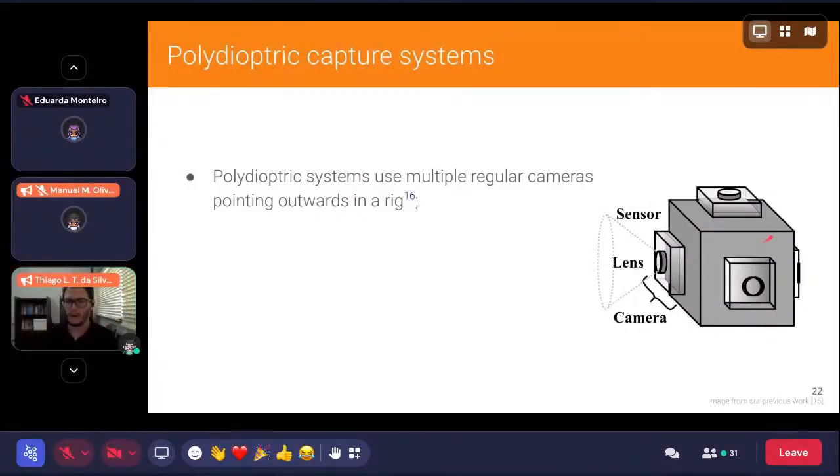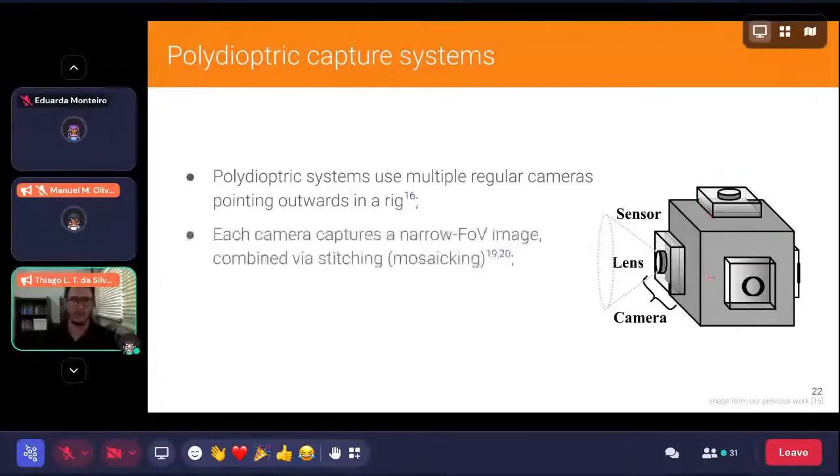These cameras are actually regular cameras, as in the previous slide, and they have common lenses as well, maybe a wider FOV lens than normal, but yes, they are regular cameras.